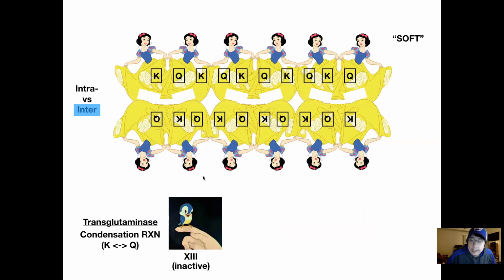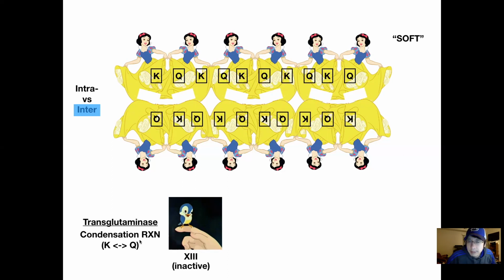In one of the fairy tales, the princess likes this bluebird. So let's make one more analogy here, which is that simply aggregating it in and of itself is not enough. We need to form covalent bonds between parts of the structure.